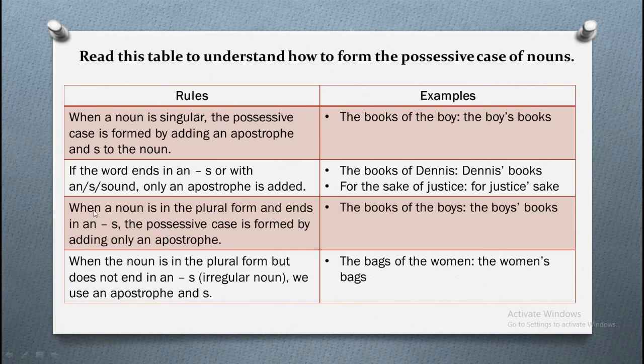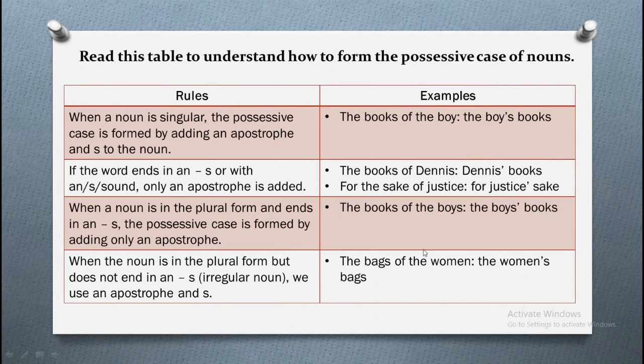Third case, when a noun is in the plural form and it ends with S, the possessive case is formed by adding only an apostrophe. Same thing, if it was singular ending with S, then also we use an apostrophe.